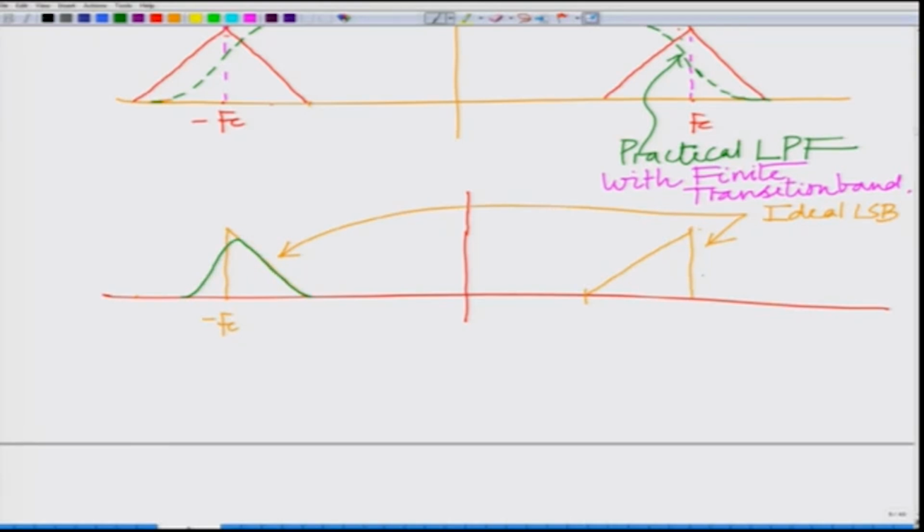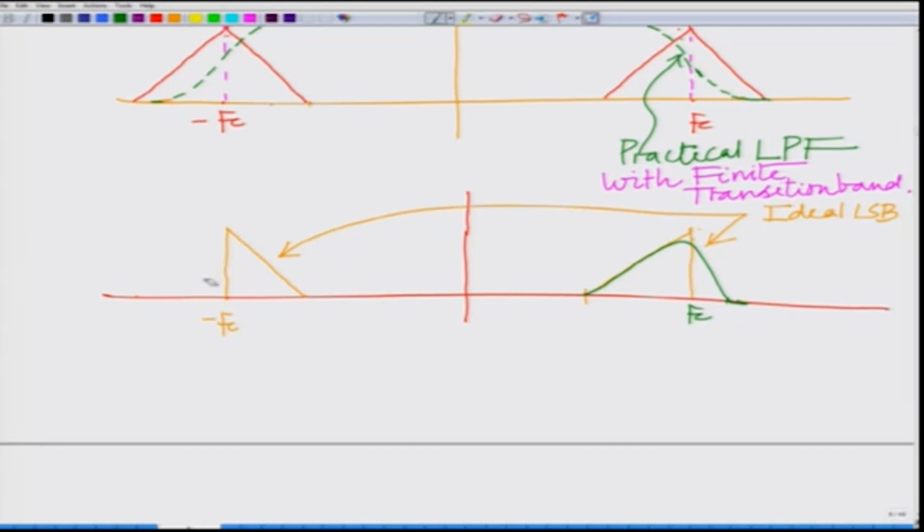So, there is a part of the band outside Fc, and also outside of less than minus Fc, that is picked up. So, what you will have is something that looks like this.